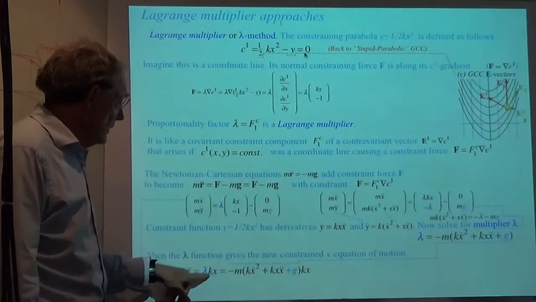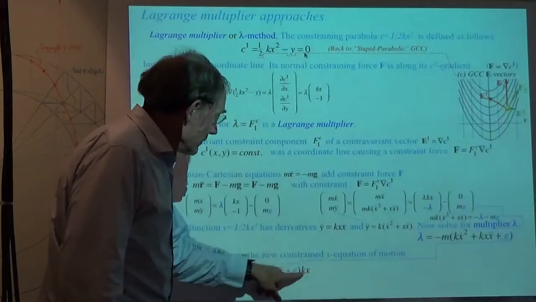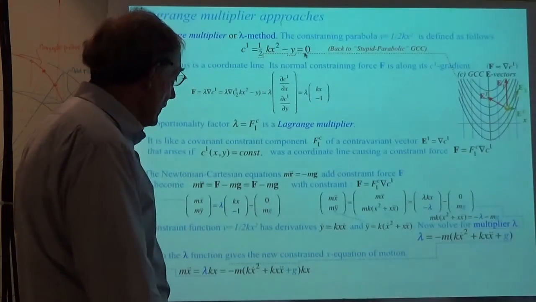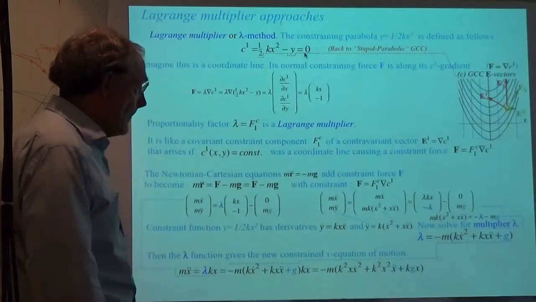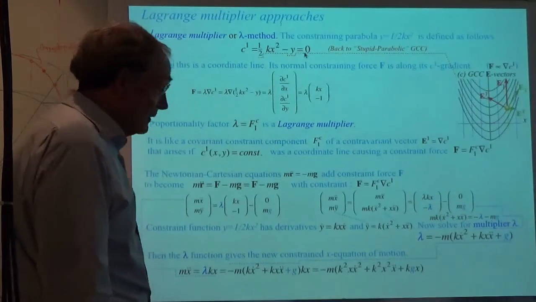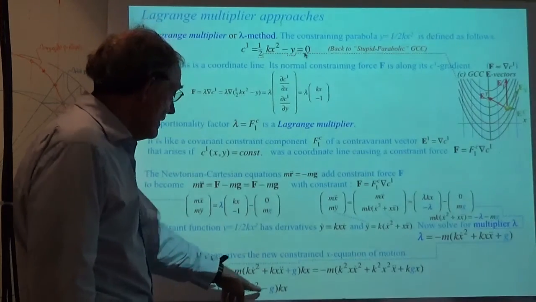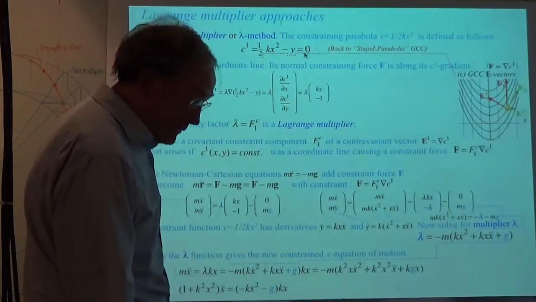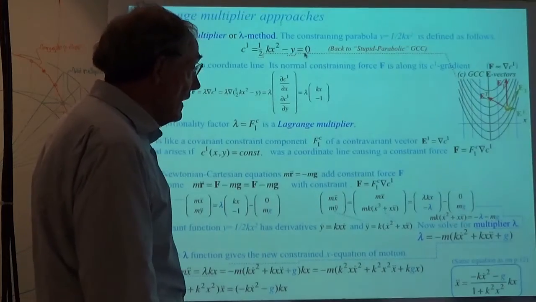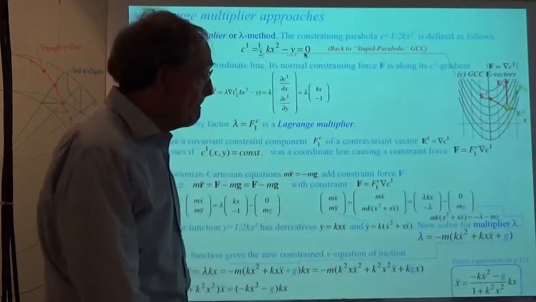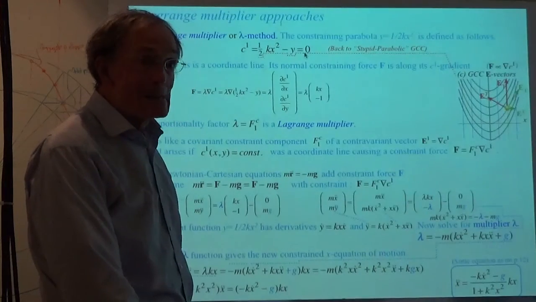Mx dot dot equals lambda kx. There it is. There's the lambda and the kx. Pretty slick. Okay? We're essentially done. There's the x dot dot. There's that thing that's in the numerator of that thing we got on the very first try. Again, same equation as on the 12th page. Make sense?